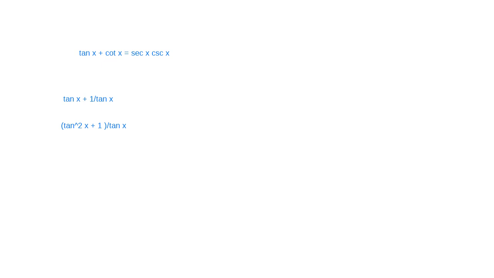The first tangent x needs to be tangent squared x divided by tangent x. Once we have a common denominator, we can combine the numerators. So we get tangent squared x plus 1. What's tangent squared x plus 1? That's secant squared, right? That's secant squared x divided by tangent x.